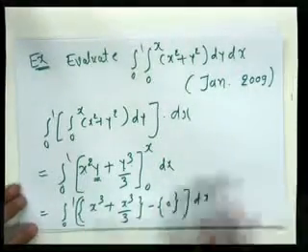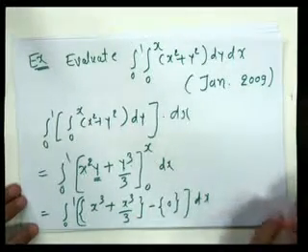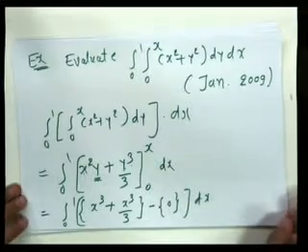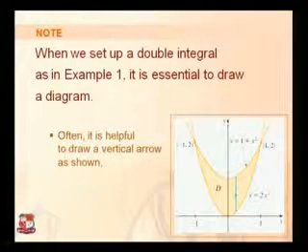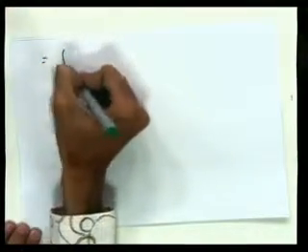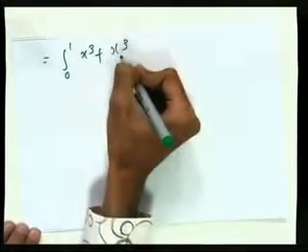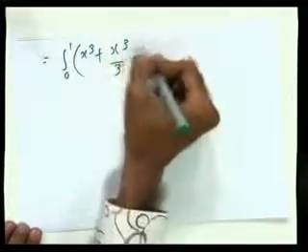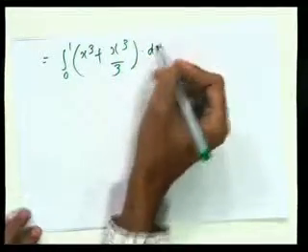So after all, we will get x cube plus x cube by 3 into dx, and then we will integrate this with respect to x. So we get here 0 to 1 x cube plus x cube by 3 dx.